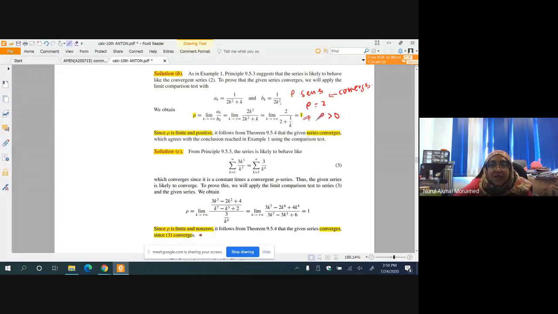Since this BK is converged, it means that the AK is also converged. So it is either both converge or both diverge. If this part here converge, then this one will converge. If this is diverge, then this one is also diverge.